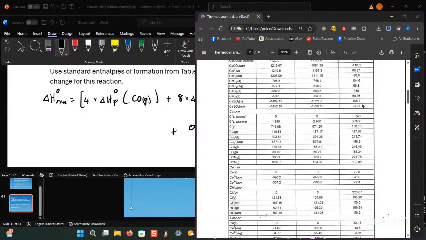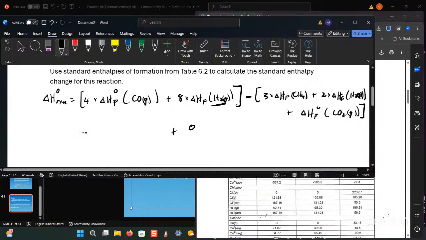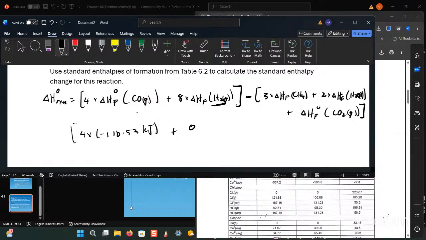Carbon monoxide, where are you? Okay, carbon monoxide, the value here is minus 110.53, so I'm going to put 4 times minus 110.53 kilojoules. Then on the other side, I'll be looking for methane.